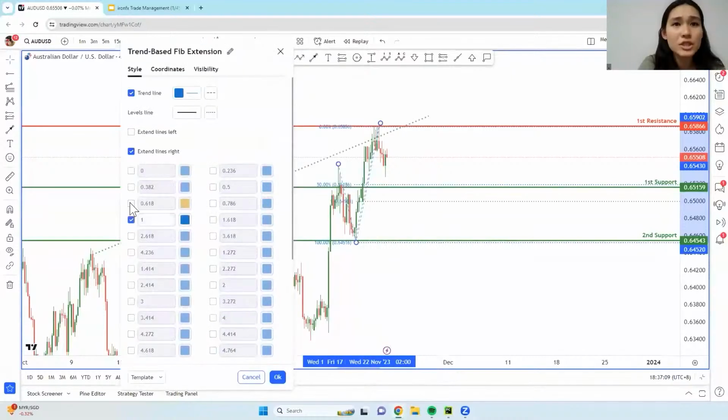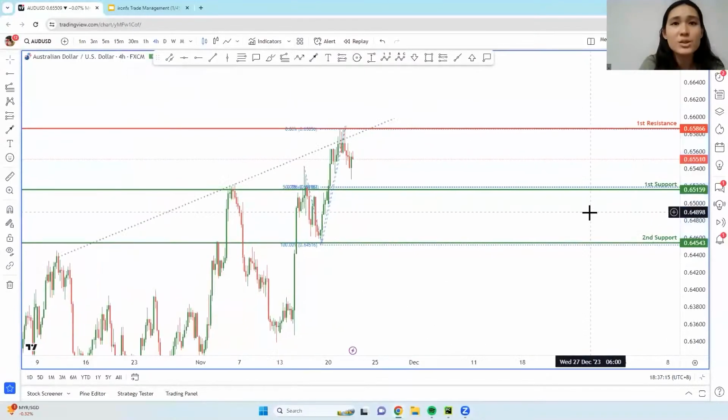Yeah, I'm looking for a projection here. And I can see my 78.6 lines up nicely with my first support.